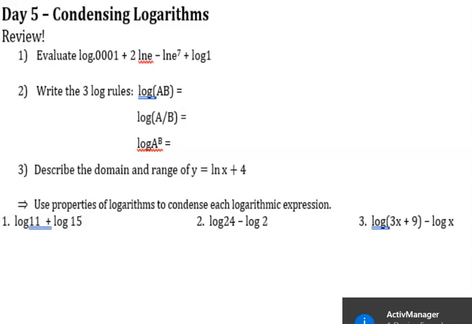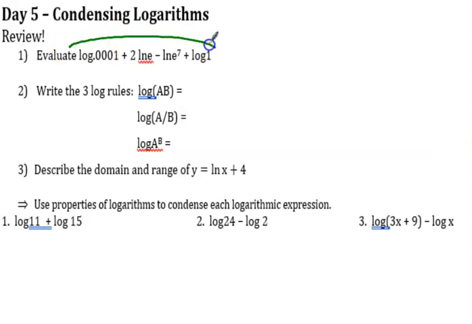All right, welcome back. This is pretty much a continuation of day 4 because now instead of expanding, we're going to be condensing. We're going to make things smaller. So if I wanted to evaluate this, how could we break this apart? Okay, so what is 0.001? Well, right now I have log 10 of 0.001, which is 10 to the negative 4th.